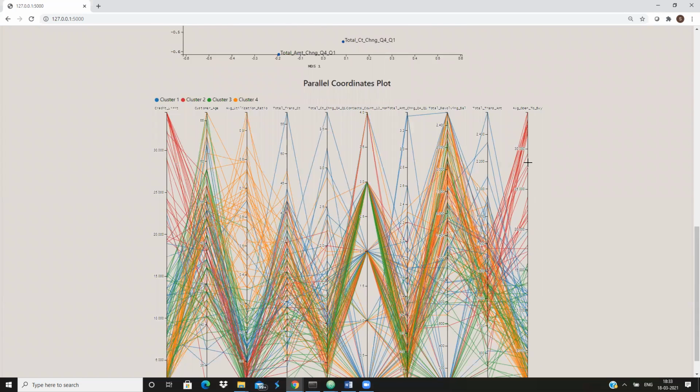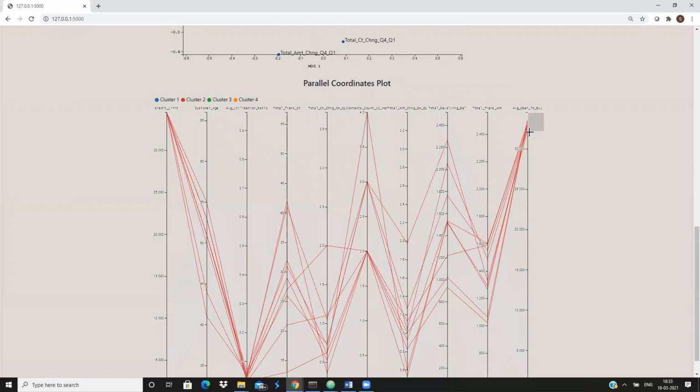So regarding brushing, let's try to focus on the customers who have a high average open to buy. So let's say we want to see this particular part of the customer base. So as you can see, high average open to buy also kind of corresponds to a high credit limit.